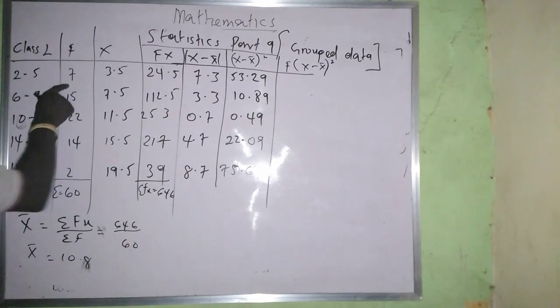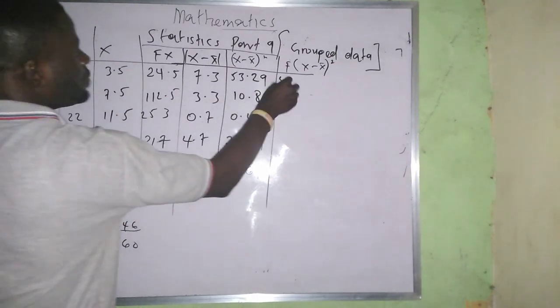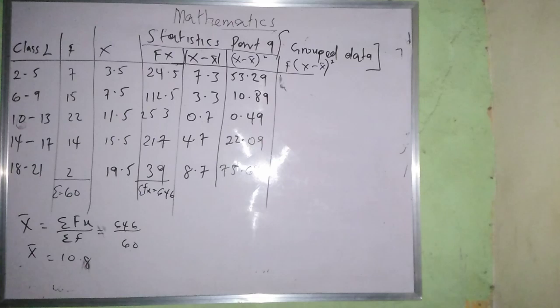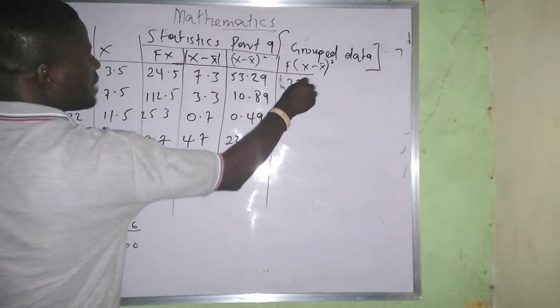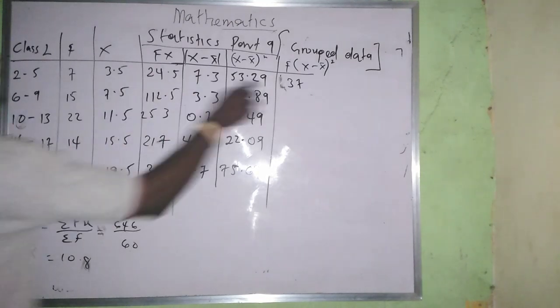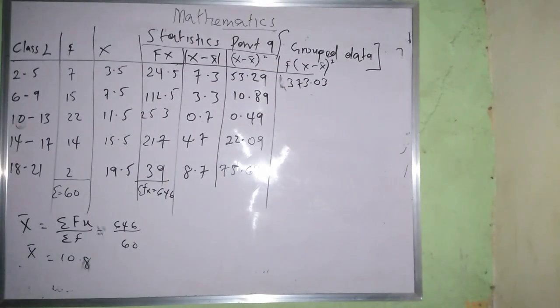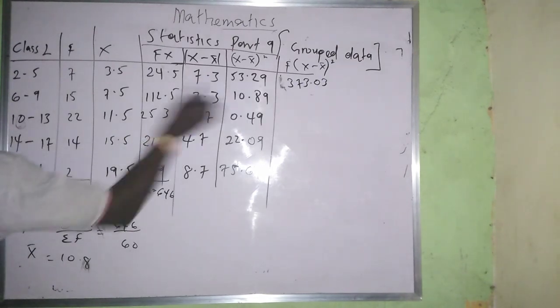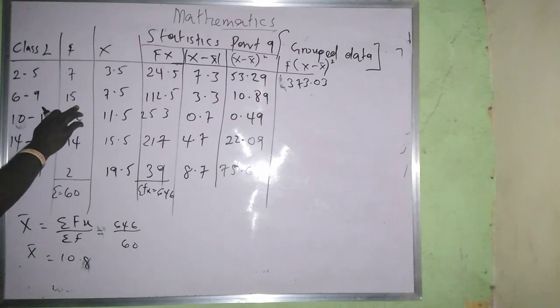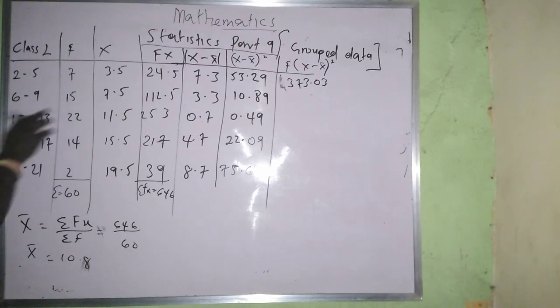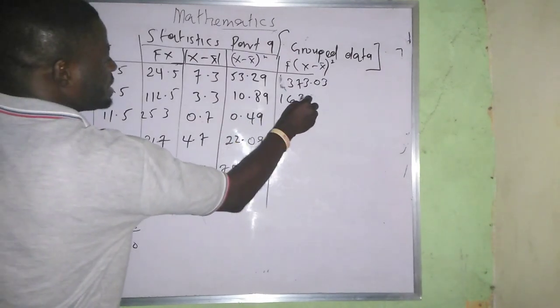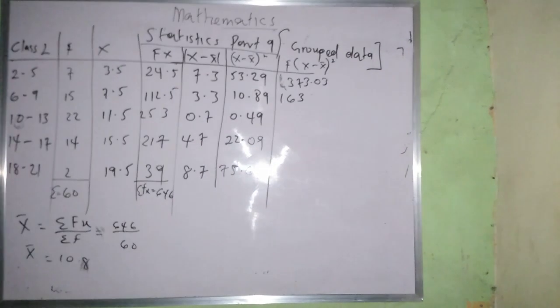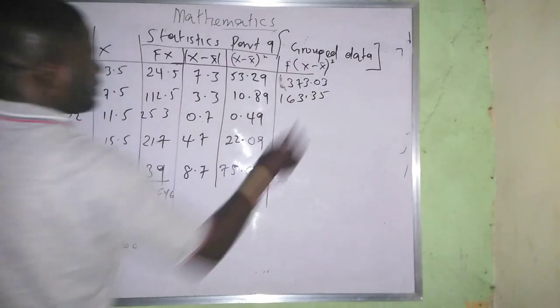This particular number times 7 will give me 373.03. This times this will give me 163.35.